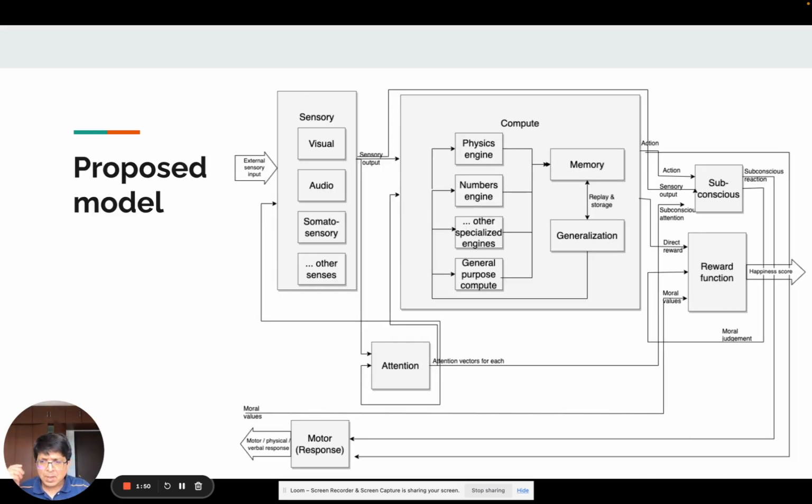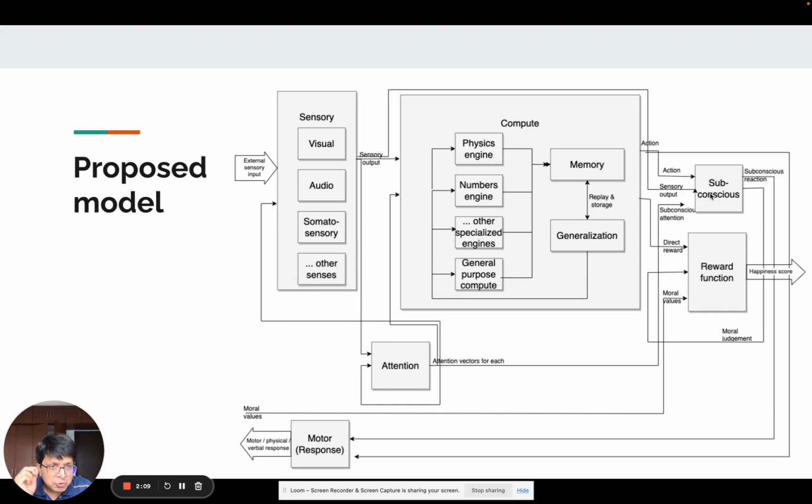So at a high level, this framework consists of subcomponents around the sensory part, and the more rational logical compute part, which even includes components around memory, generalization, replay, and complementary learning.